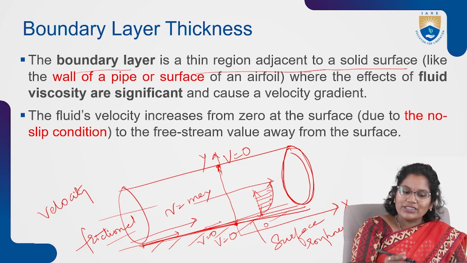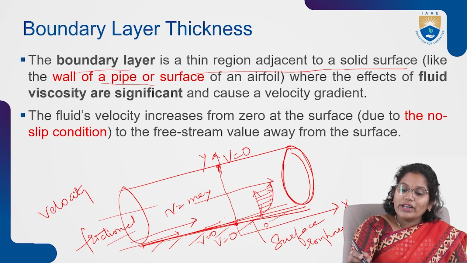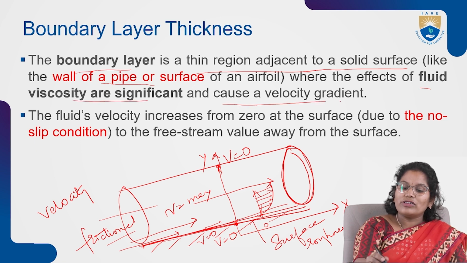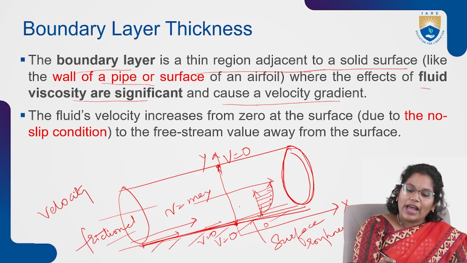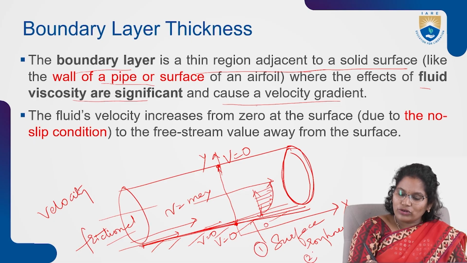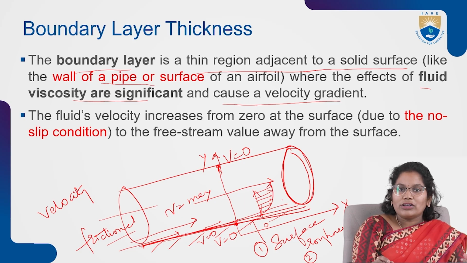At the solid surface, that means at the wall, the effects of fluid viscosity are significant and cause a velocity gradient. Velocity is one component, and the surface roughness is another component, right? These all make the flow resist at the boundaries.